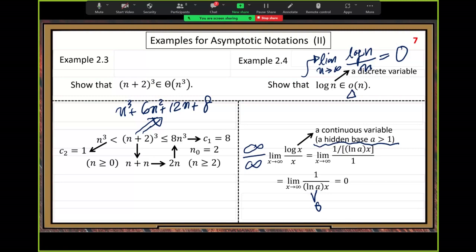Although here it's a continuous version, remember that in the definition of the limit, x approaches infinity in an arbitrary way.